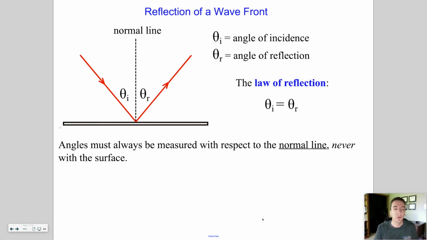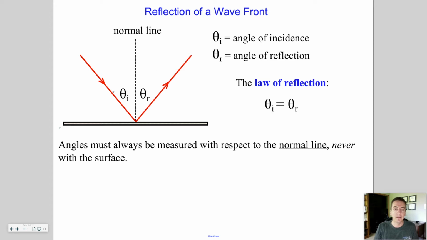So here we've got two rays towards a reflecting surface. It could be a sound wave bouncing off a mountain in the distance, and you hear the echo, or it could be a light wave bouncing off a mirror. Doesn't matter. Let's say here's the mirror, and here is what we call the incident ray.